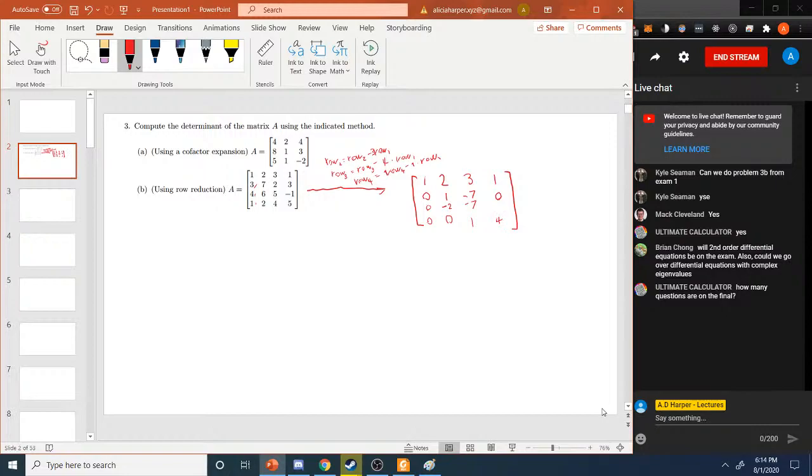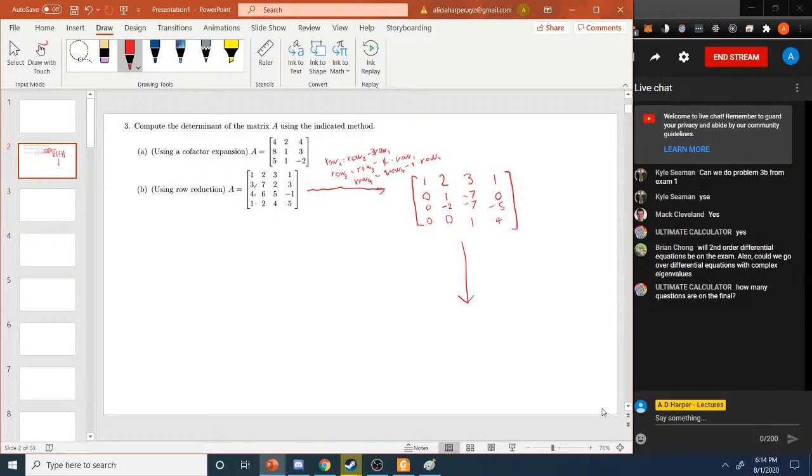So I only have to figure out this last entry. I'm subtracting 4 times 1 from -1, so this should be -5. So this completes the first batch of row operations.